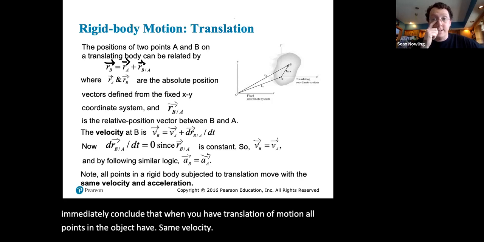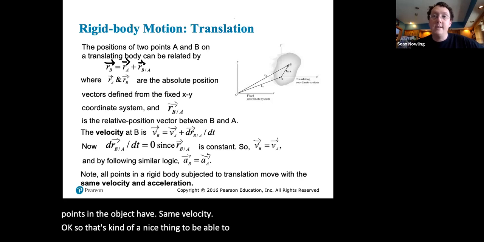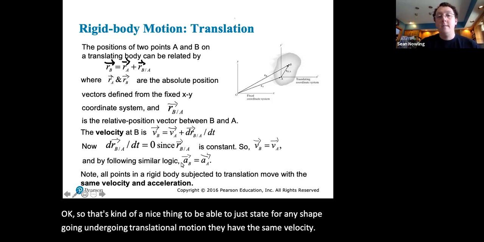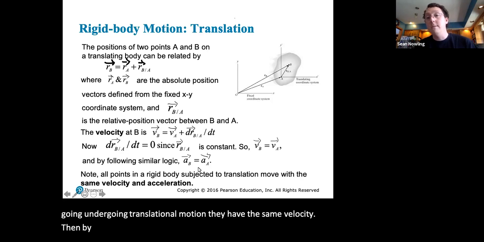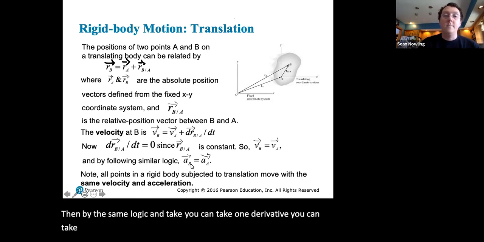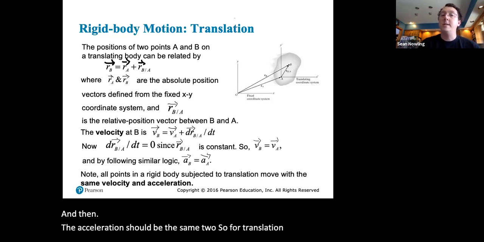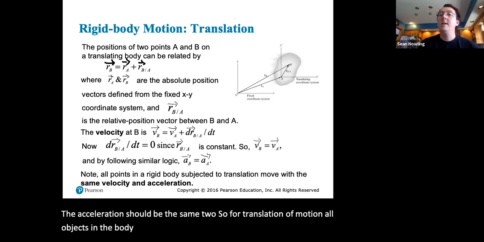For any shape undergoing translational motion, they have the same velocity. Then, by the same logic, if you can take one derivative, you can take two, and the accelerations would be the same too. So for translational motion, all points in the body have the same velocity and the same acceleration.